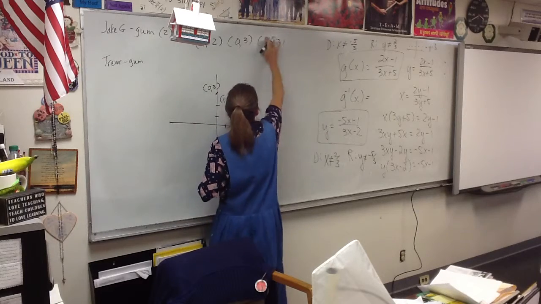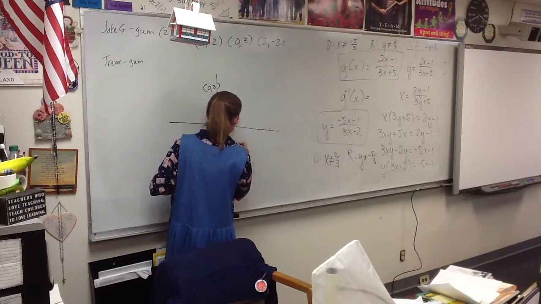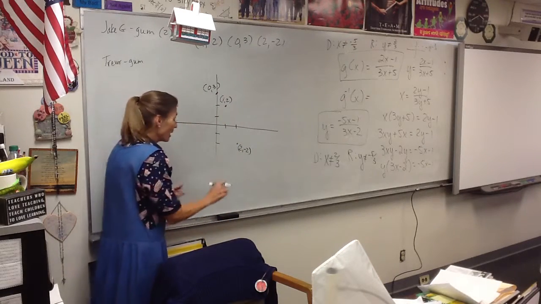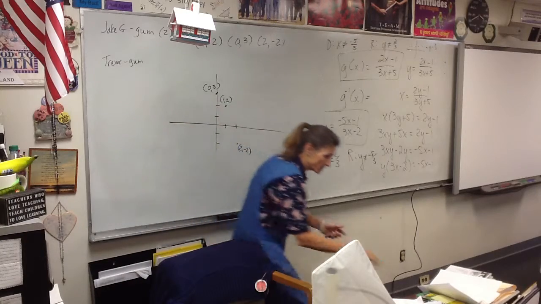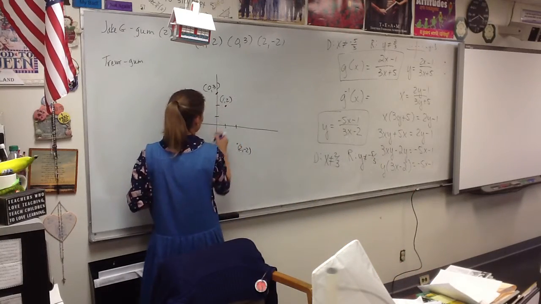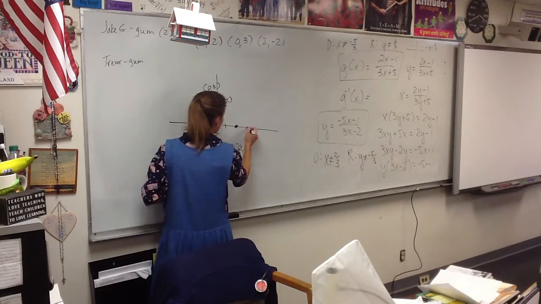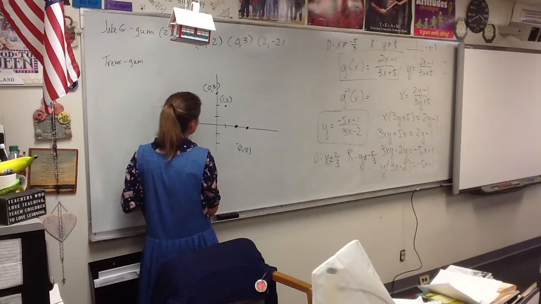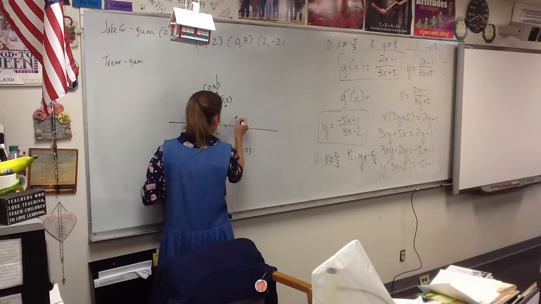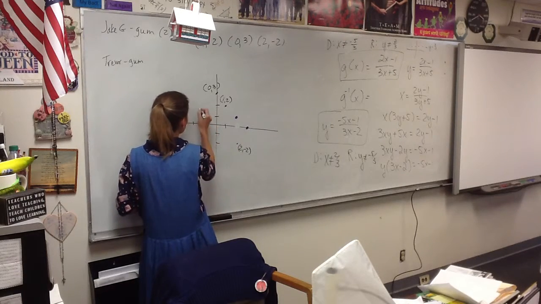No, I better not do that, I made a function. 2, negative 2. Now let's plot the inverse of those points. Okay, so what would the inverse of this be? 2, 1, 3, 0, and negative 2, 2.